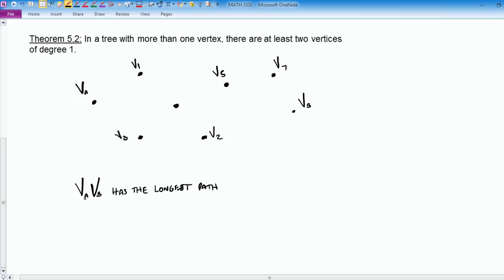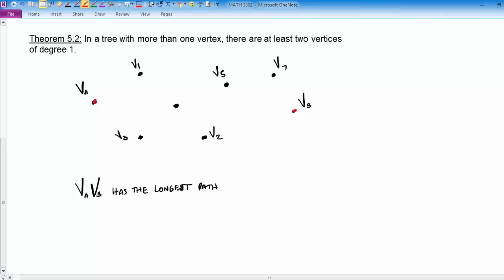If the path from VA to VB is the longest, then we can say that those two vertices, VA and VB, are the two vertices of degree 1. Why is that? That's the final part of the theorem: why these two vertices have degree 1.